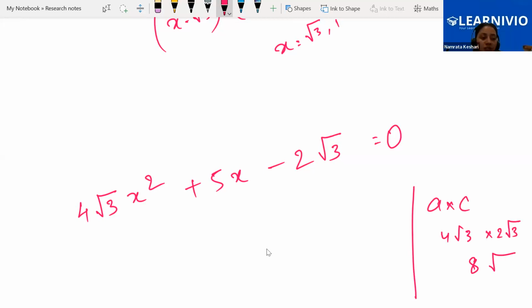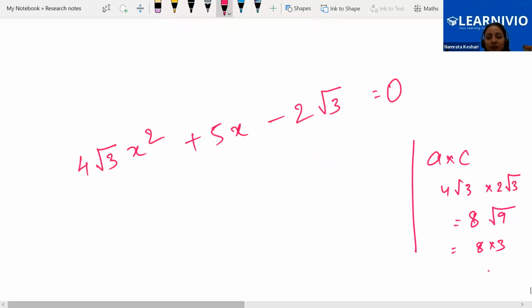No, 3 into 3 is not 6. Sorry, it's 9. 8 root 9, sorry. We can write root 9 as 3, so it's 8 into 3, which is 24.